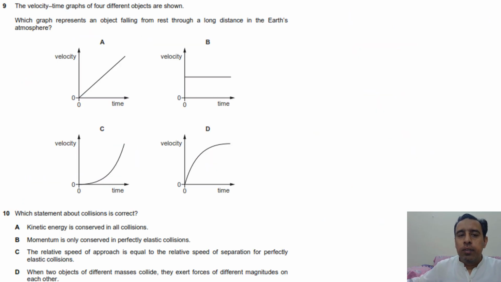Moving forward, in question number 9, all these graphs are the velocity time graphs. Which graph represents an object falling from rest through a long distance? Long distance means more height, and the distance is calculated by the area under the graph.